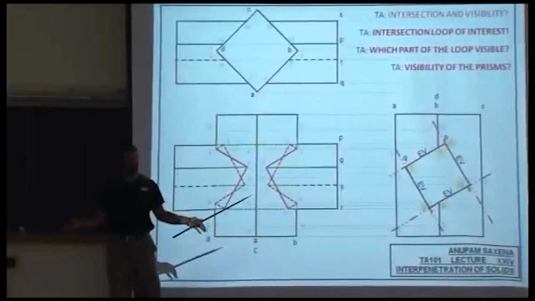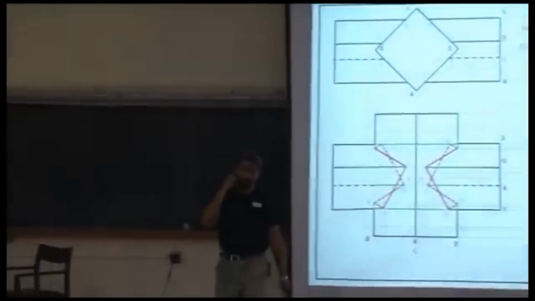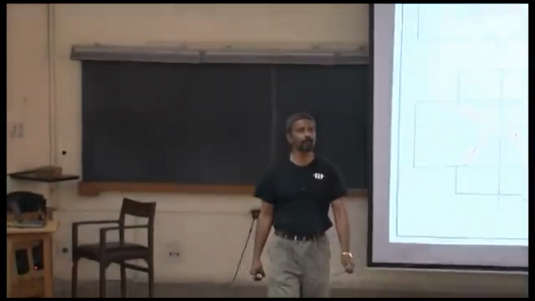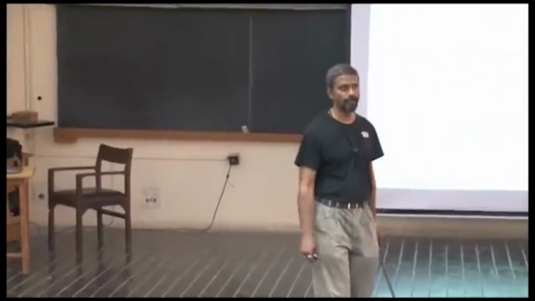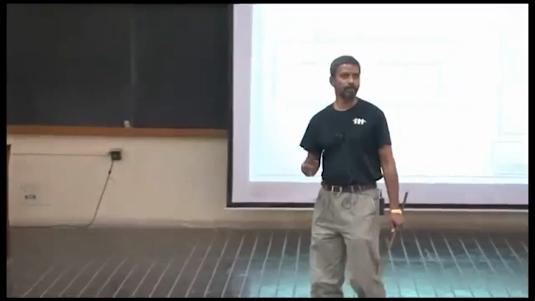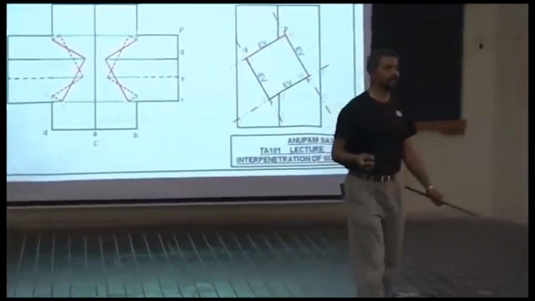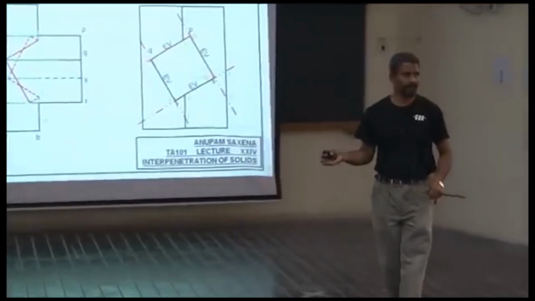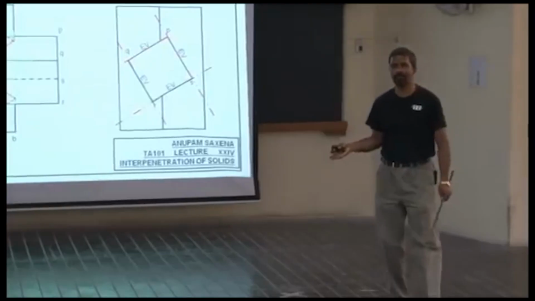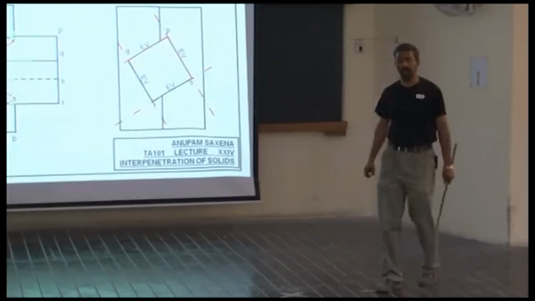So the question is this: given two prisms, the horizontal one and the vertical one, how do you figure out which one is penetrating the other? Question number two, or a related question: what if the entire thing is a single piece, and neither prism is penetrating the other?